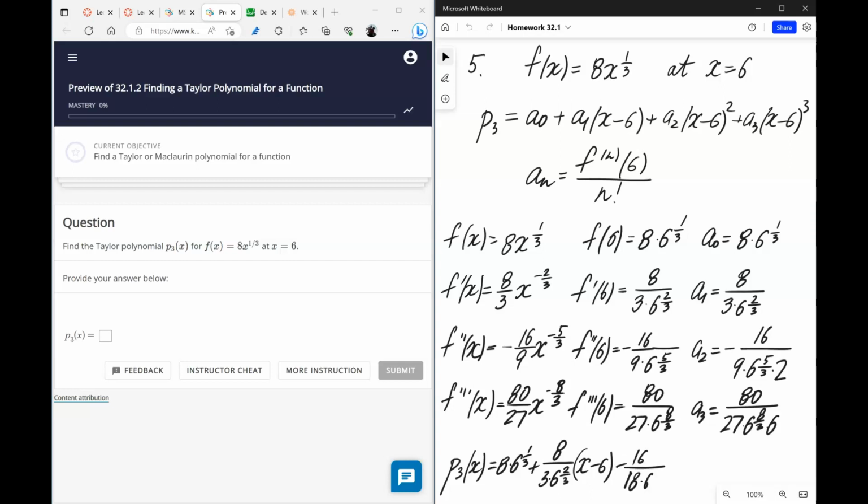I guess here we can reduce. Here's the same thing. We're going to reduce everything by 2. We have 81, 6 to the power 8/3, x minus 6 to the power 3. So that's the answer.